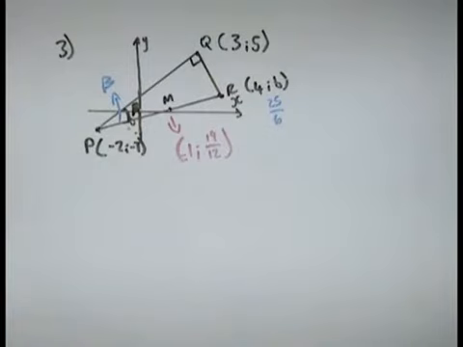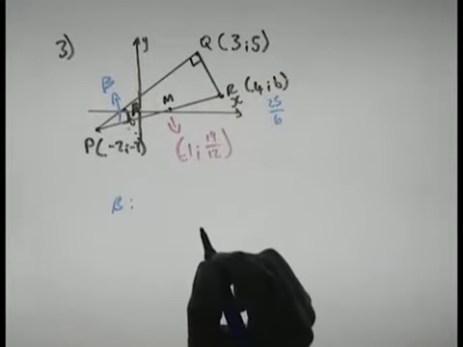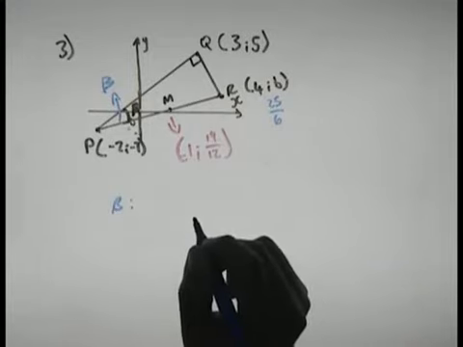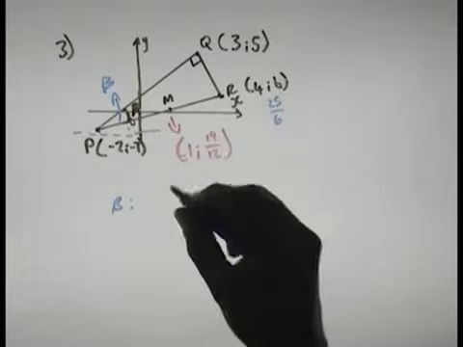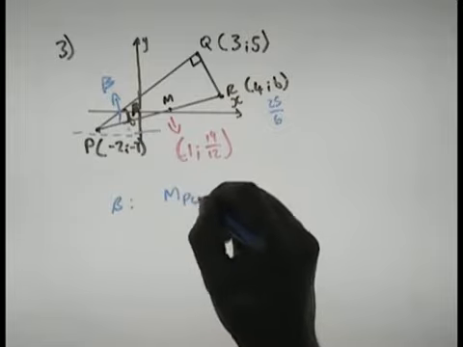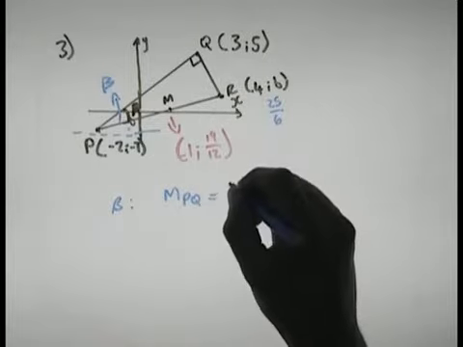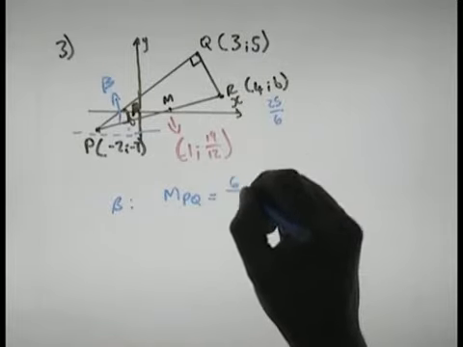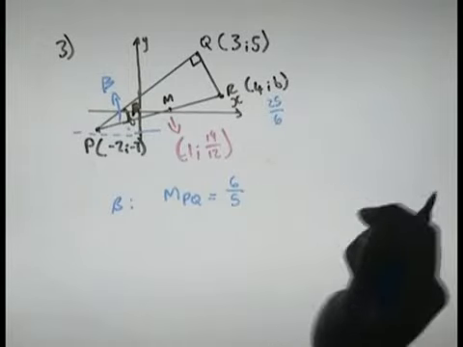I then asked you to calculate the size of RPQ, or rather the size of beta. Now, in order to get the size of beta, we are going to have to look at gradients. First, I'm going to look at the gradient of PQ. The gradient of PQ is y2 minus y1, which is 5 plus 1, which is 6, over x2 minus x1, so that's 5.